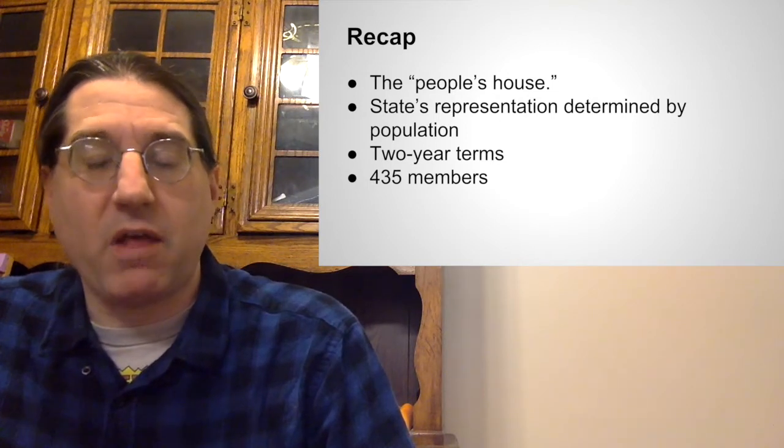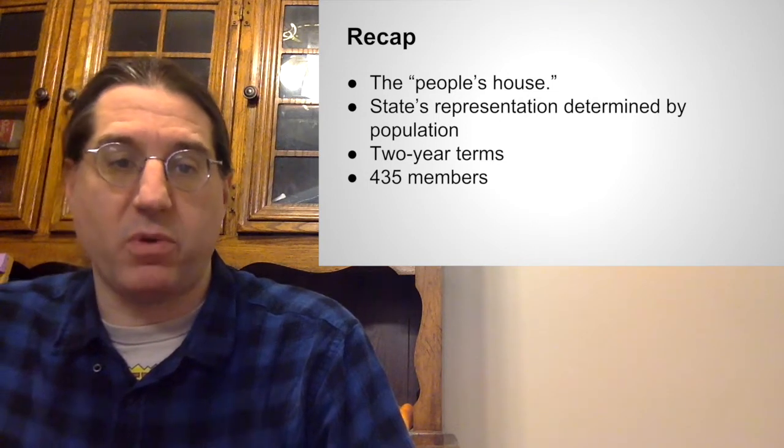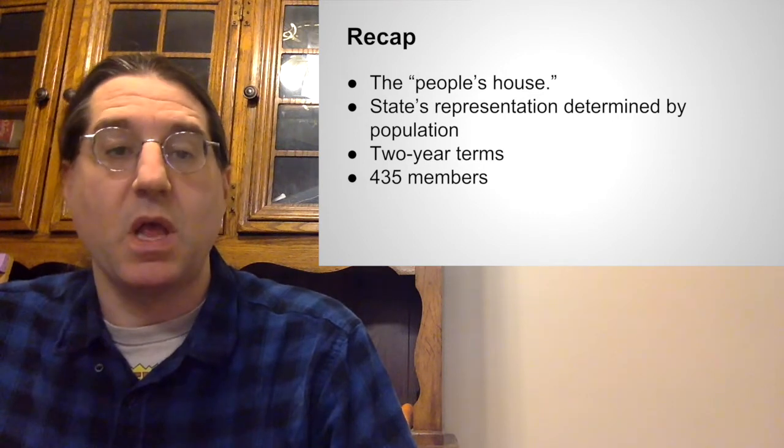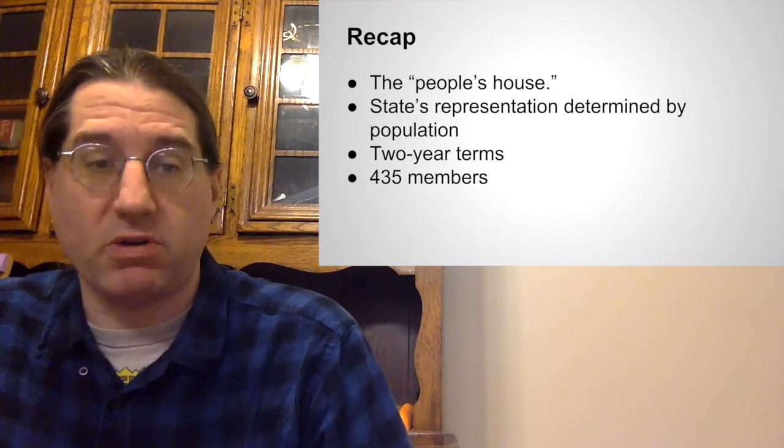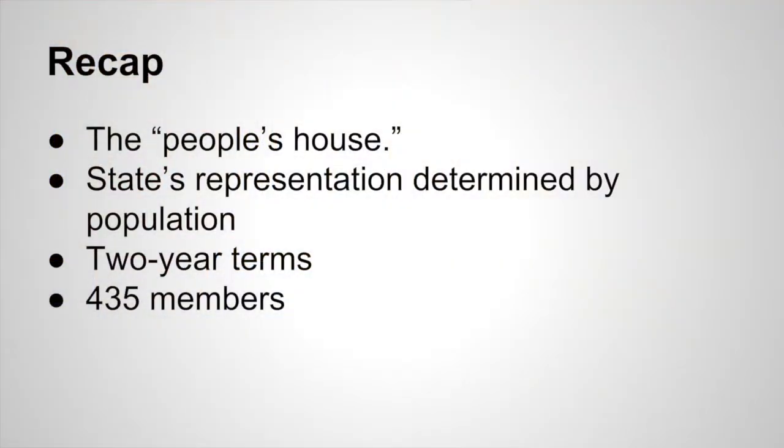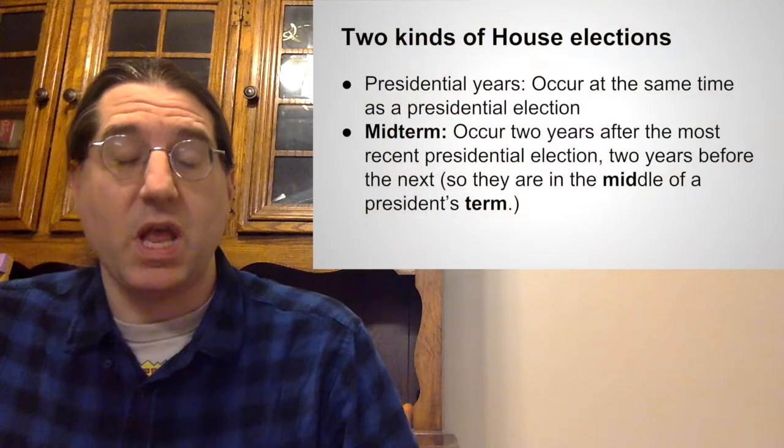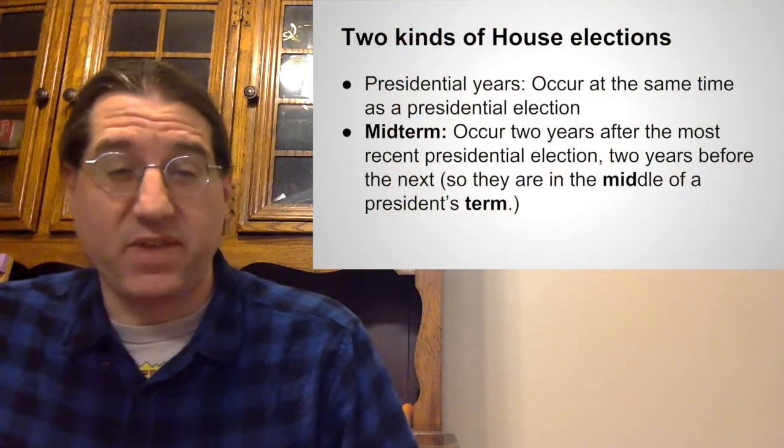As of now, there are 435 members of the House of Representatives. That could be changed if Congress ever passed a law to do so, but it doesn't look like that's going to happen anytime soon.